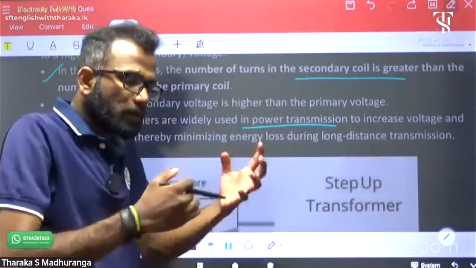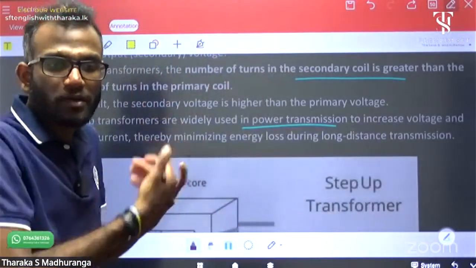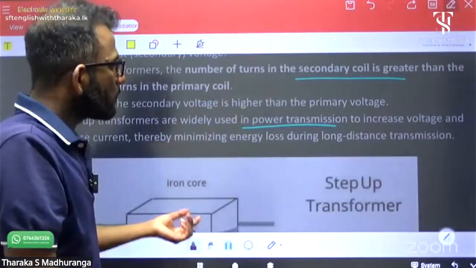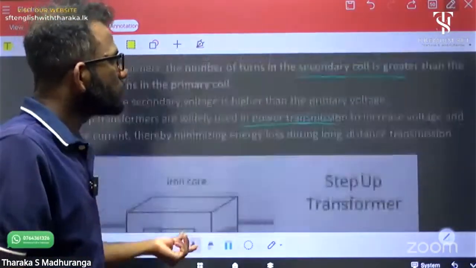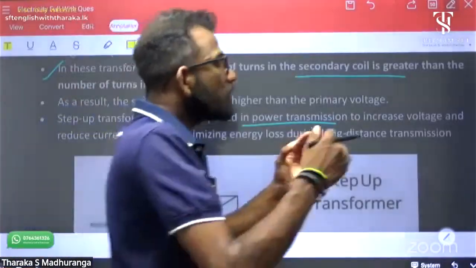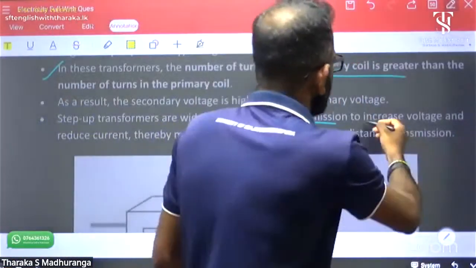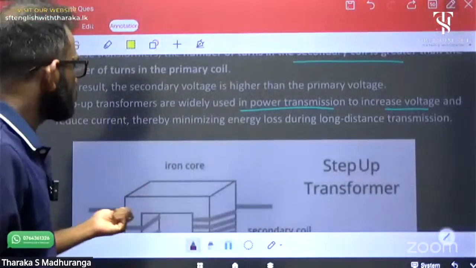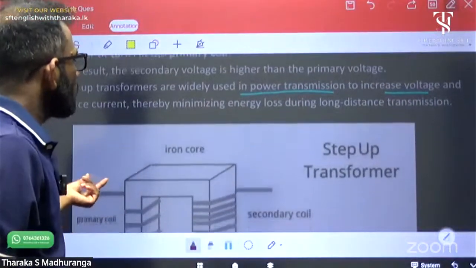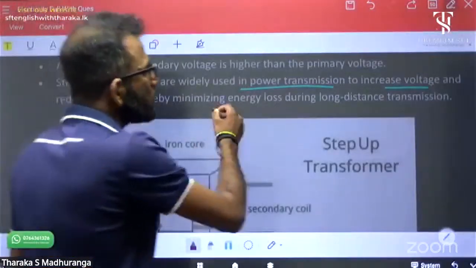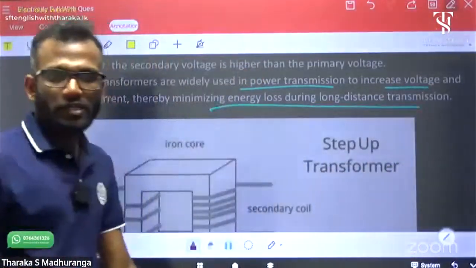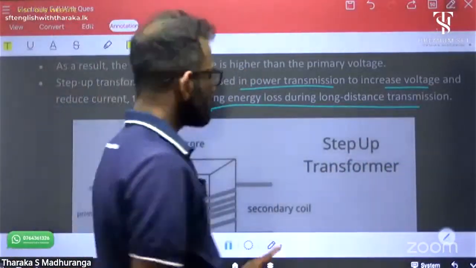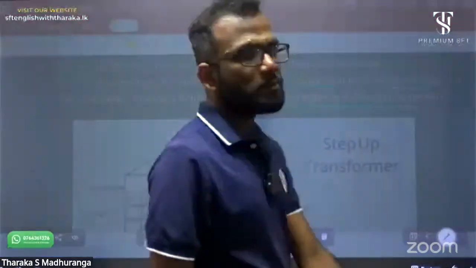Normally, when we produce energy in electricity power plants, we increase it up to a higher voltage to reduce the current, thereby minimizing energy loss during long distance transmission. That's the purpose of step up transformers used in power plants.